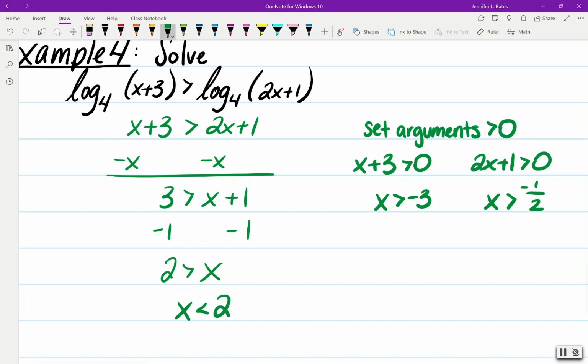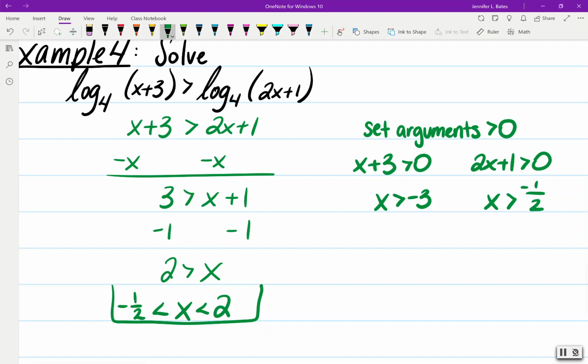Now, there's a few ways to figure out which one we want. The simple explanation is we want the bigger number. What's bigger, negative 3 or negative 1/2? Negative 1/2. So negative 1/2 is the simple answer. It's bigger than negative 3.